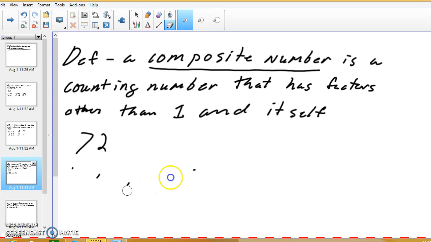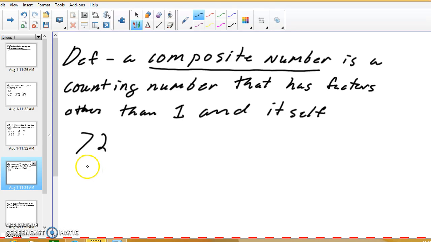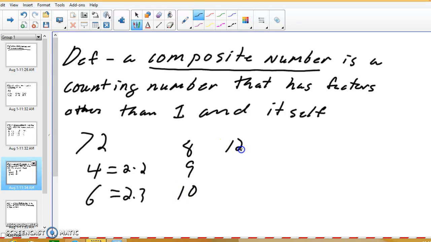But there are many other composite numbers. Any other numbers that aren't prime are composite. So, going down the list, the smallest one is 4. Then there's also 6, because 4 is 2 times 2. 6 is 2 times 3. Then you have 8, 9, 10, 12, and so on. And again, these numbers are composite because they have factors that are different than 1 and itself.